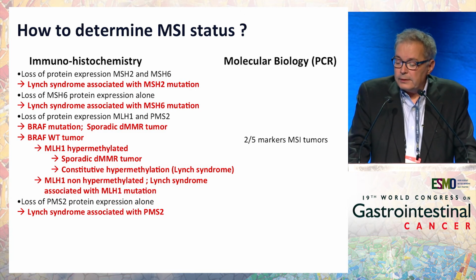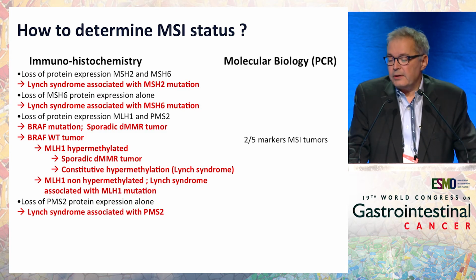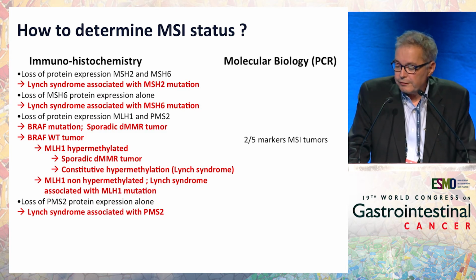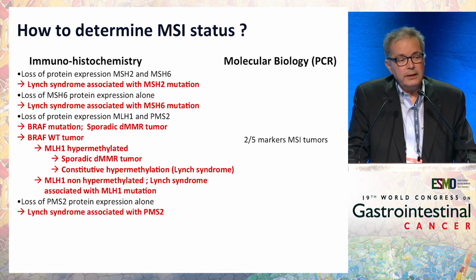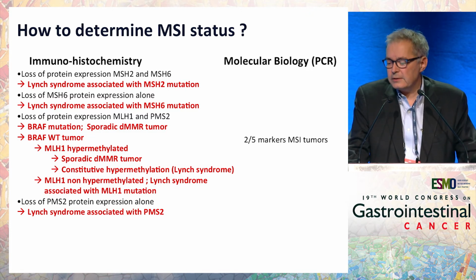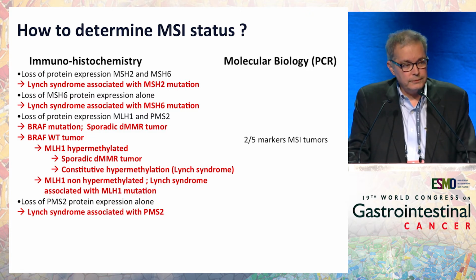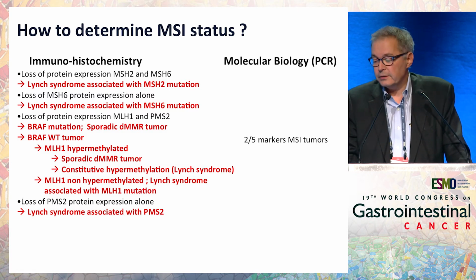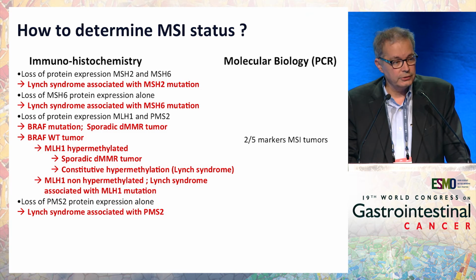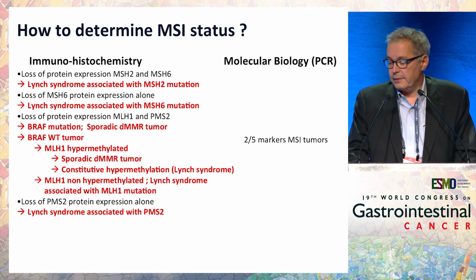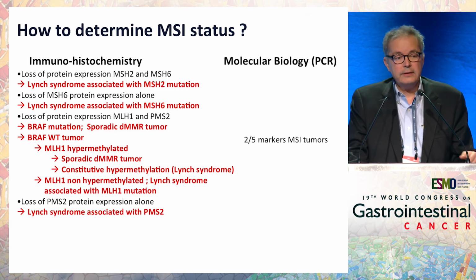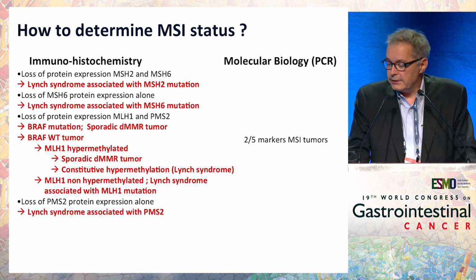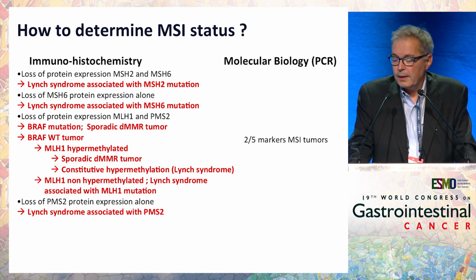For MLH1, you can test the hypermethylation of the promoter region of MLH1. If it is present, it is in most cases a sporadic DMMR tumor. But there is some trap, because it is possible that there is a constitutive hypermethylation of the MLH1 gene, and this is inherited, and it is a Lynch syndrome.